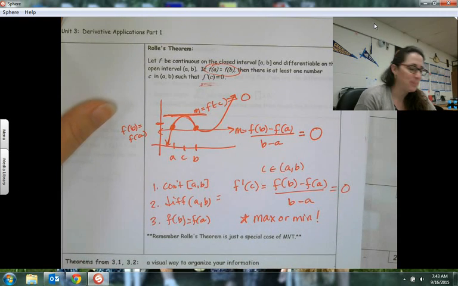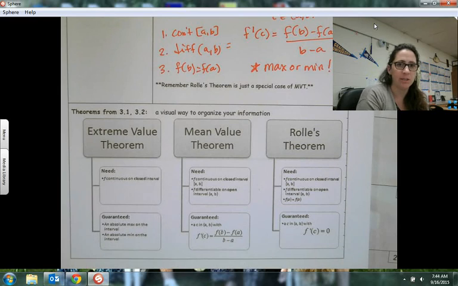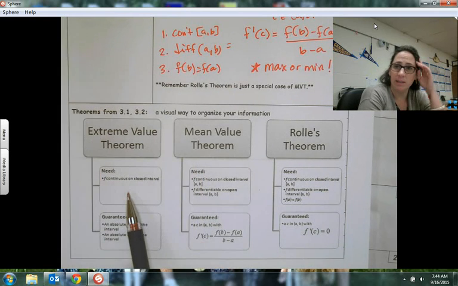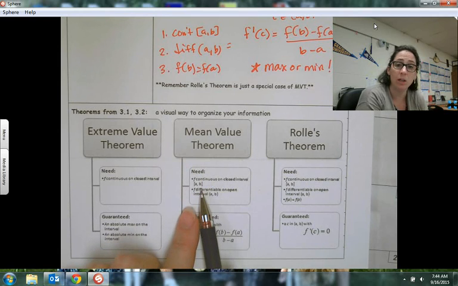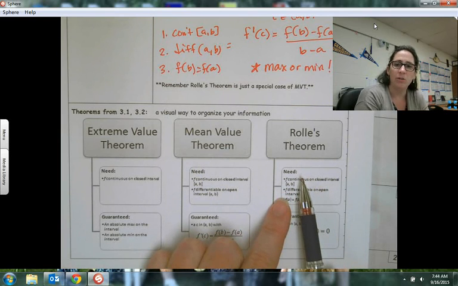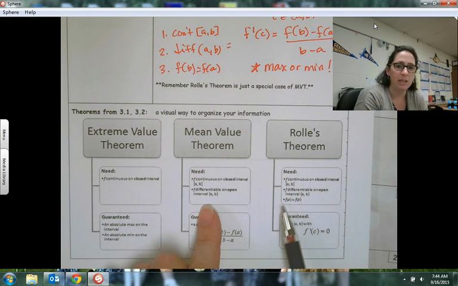Just to keep it straight, here's a little flow chart to help you remember everything. The condition for the extreme value theorem was just that f had to be continuous. For the mean value theorem, we had to have continuous on a closed interval, differentiable on an open. For Rolle's theorem, the corollary, it's still continuous on the closed, differentiable on the open, but now those two values equal each other.